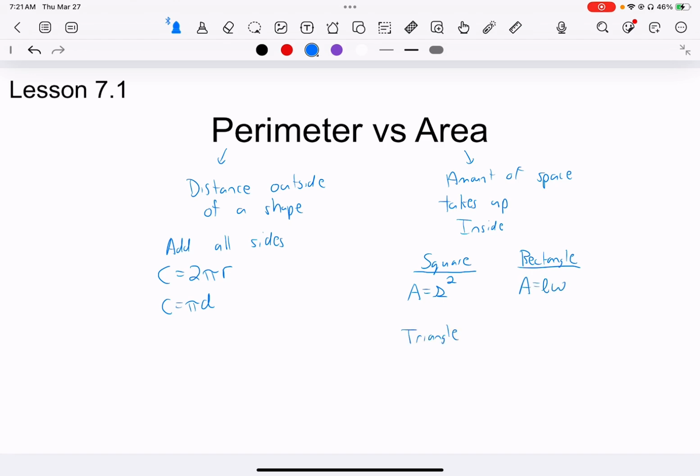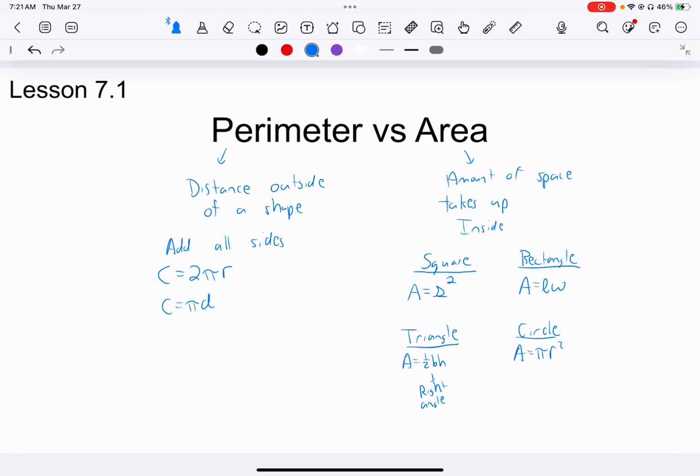For a triangle, the formula is going to be 1/2 the base times the height. And the base and the height have to form a right angle.